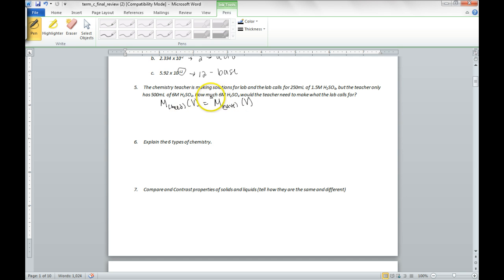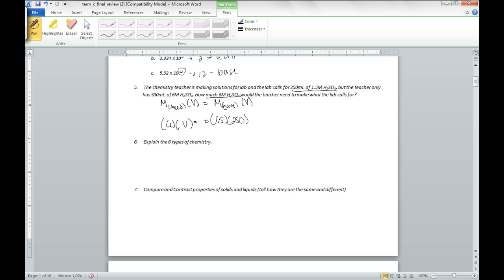We need to know how much 6 molar we need to make this. So this is what we are going to make, so we can put 1.5 here. I'm going to multiply that by 250 milliliters because that's how much we have to make. And then we have 6 molar here, and we don't know how much we need.